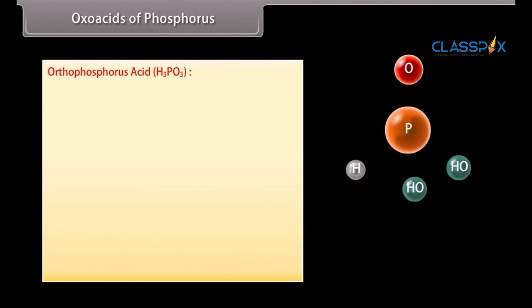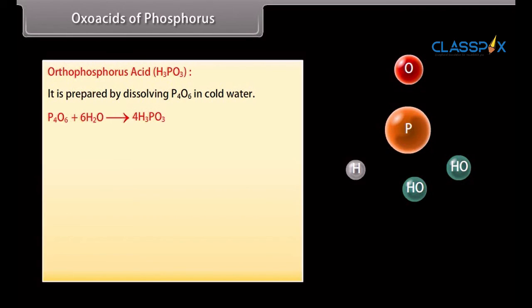Oxoacids of phosphorus. Phosphorus forms a number of oxoacids. The important oxoacids of phosphorus are the following. Orthophosphorus acid. It is prepared by dissolving P4O6 in cold water.